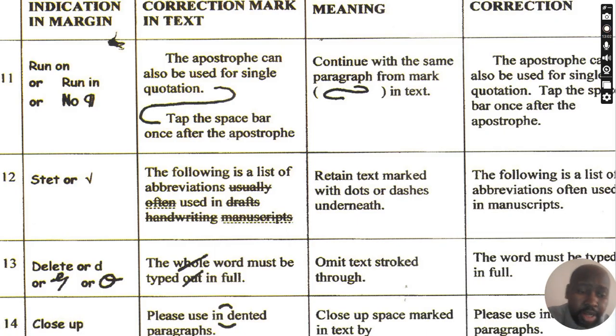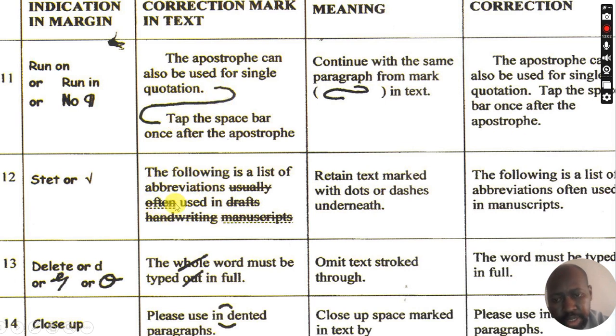I'll share these notes on manuscript signs, but my point is that if you are studying towards computer practice and information processing, your question papers will come back with manuscript signs. So you have to know what that manuscript sign means. For example, this one is a run-on sign. It means you take this text and put it here.